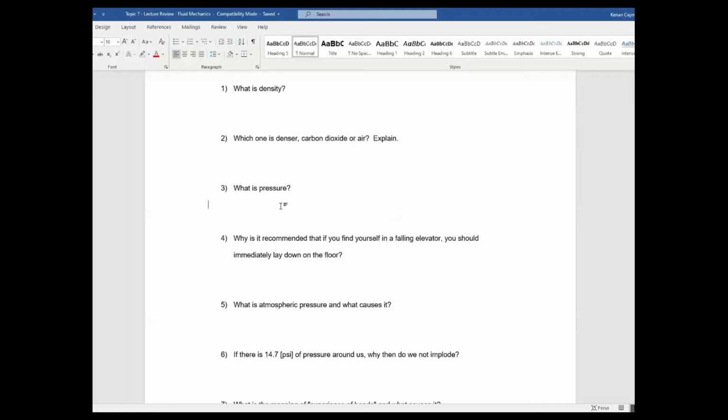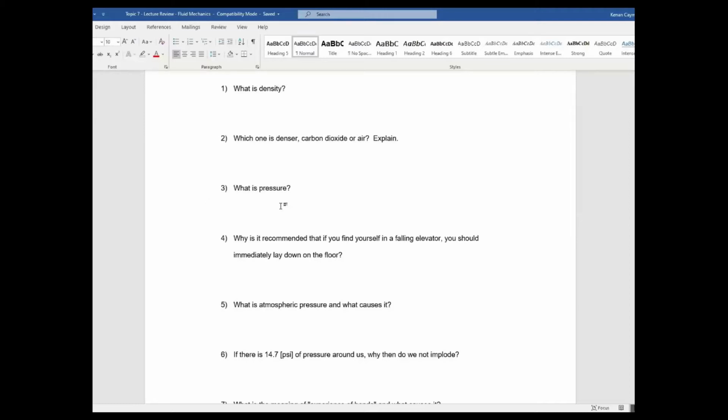All right, so what's pressure? It's the force per unit area. That's the amount of force per unit area. What's the proper unit? Pascals.